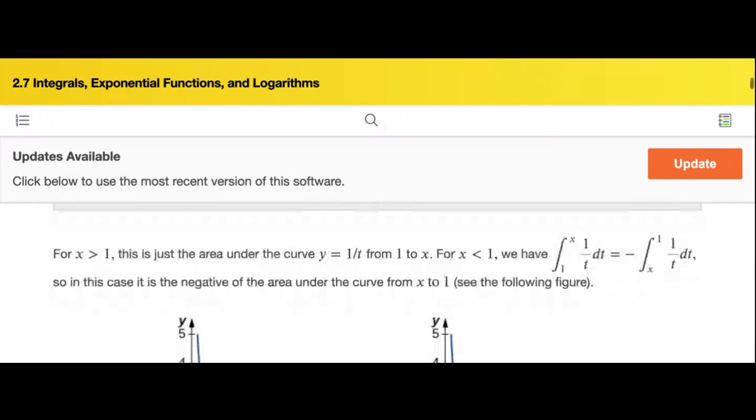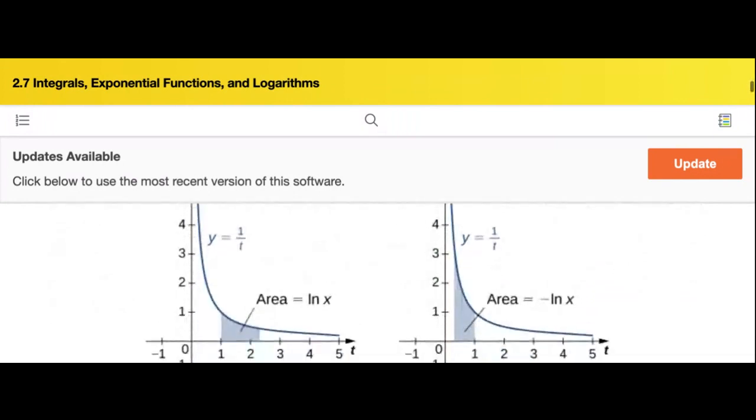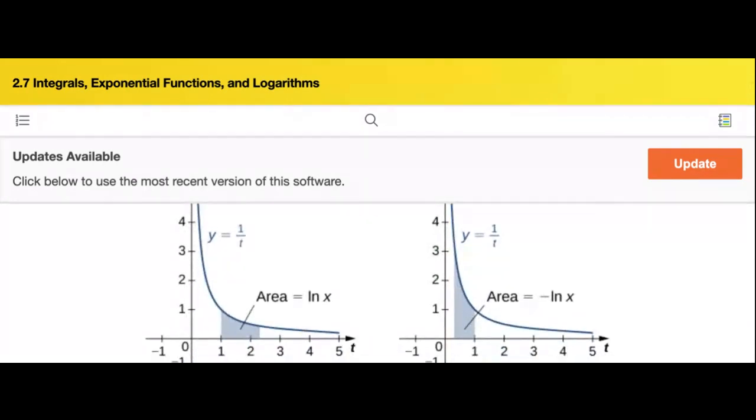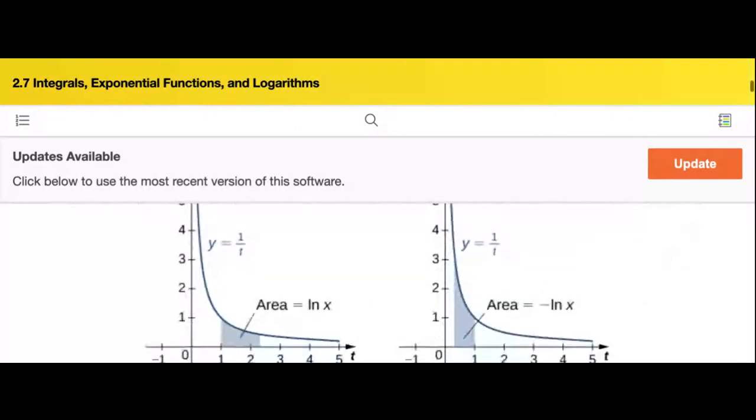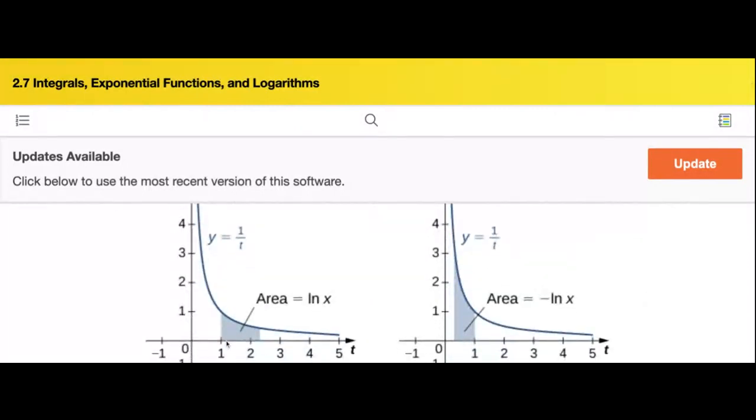So the picture is this, right? From 1 to x. So the integration from 1 to x, 1 over t. So the quantity of this area is just ln x.